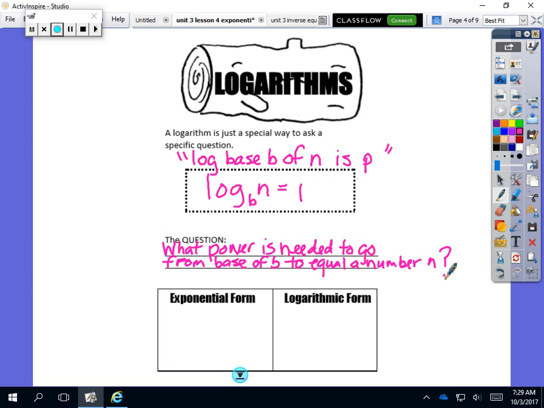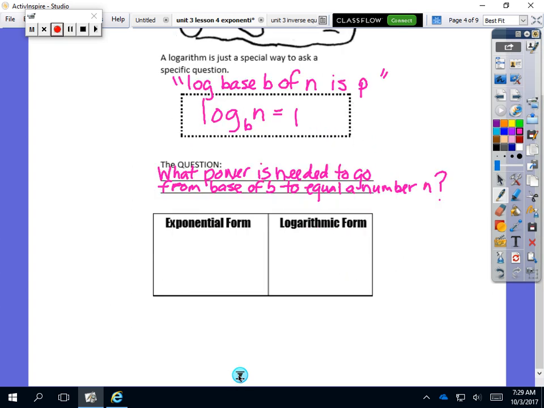I'm going to show you what I mean by that question in just a minute, and I'll refer back to what that means as we go through these. We have two forms. The normal form you're used to seeing is the exponential form, b to the p, some base to a power equals a number n, like 2 to the second power equals 4.